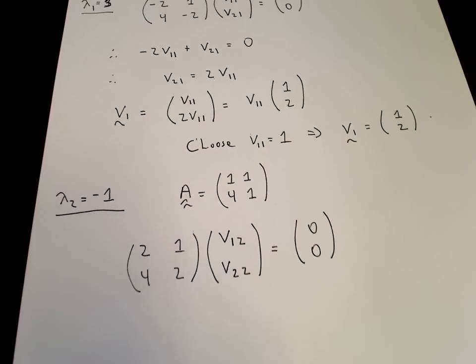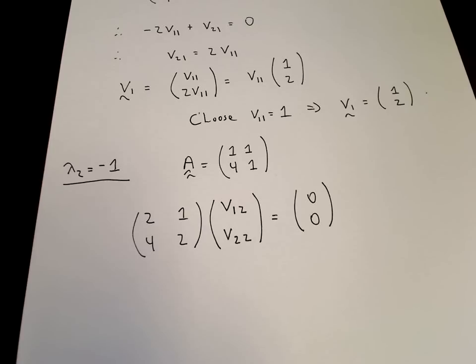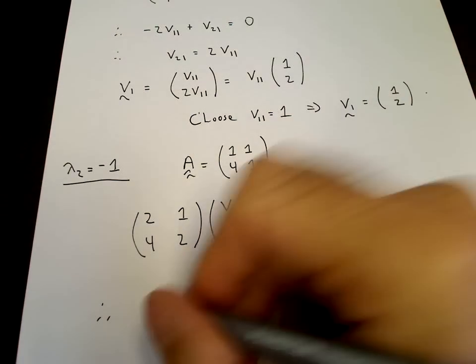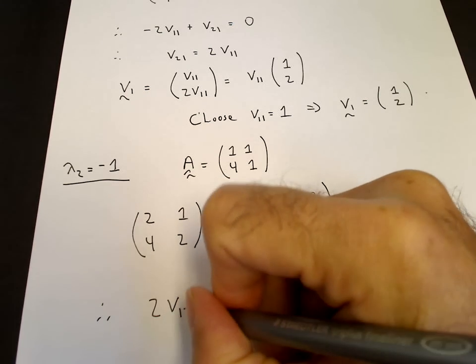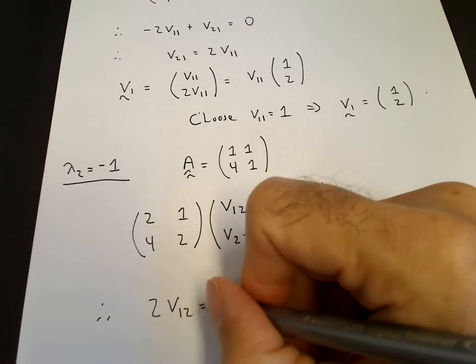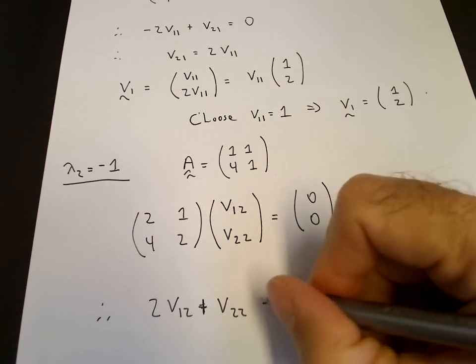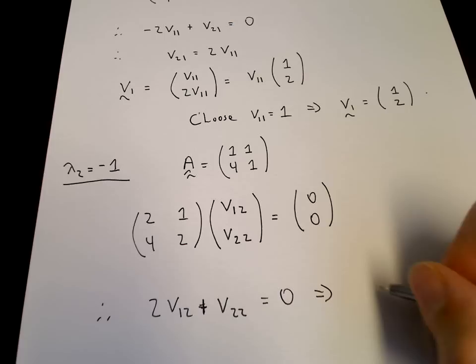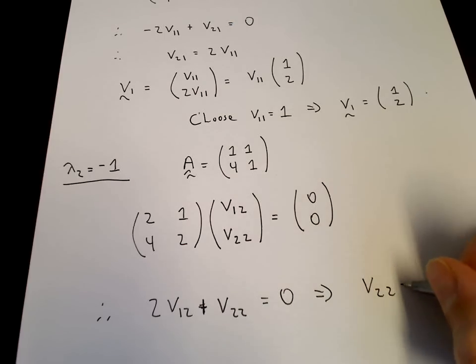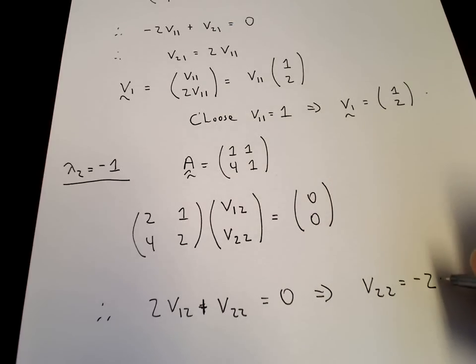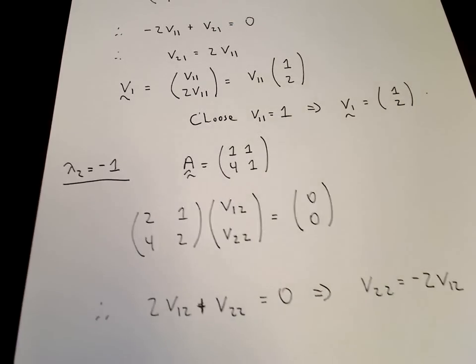Again, the equation from the second row is just a multiple of the equation from the first row, so we don't need to consider it. So this eigenvector will satisfy 2 times v12 plus v22 equals 0, or v22 equals minus 2 v12.